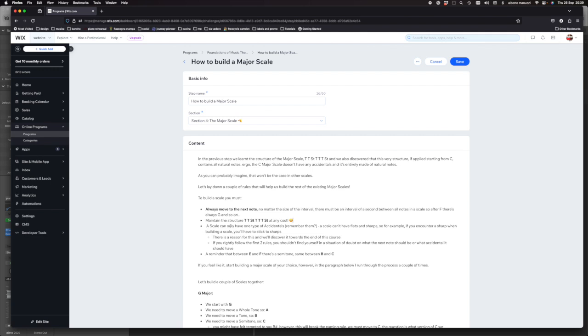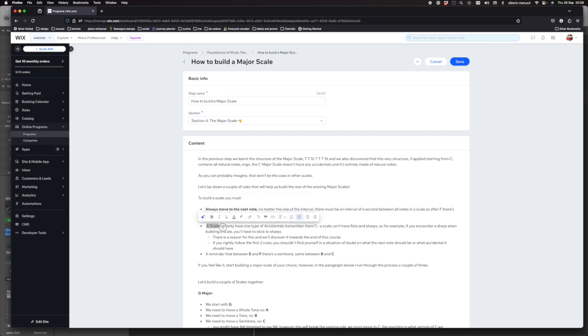All right. A scale can only have one type of accidentals. Basically, a scale can't have flats and sharps. So, for example, if you encounter a sharp when building a scale, you'll have to stick to sharps. Okay? Don't worry, there won't be problematic situations as long as you follow these first 2 rules.